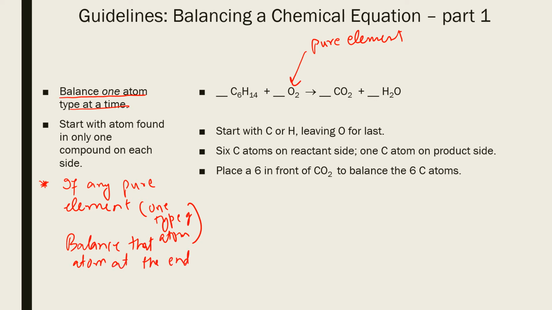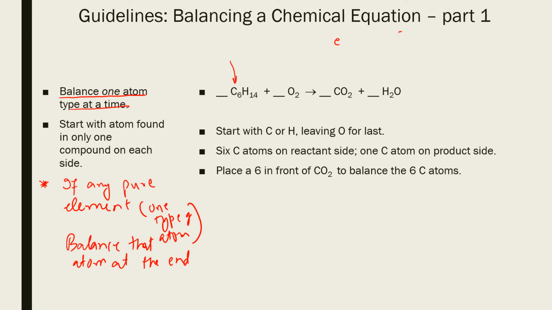That's an extremely good tip. In other words, in this equation, because oxygen is a pure element, we will balance it at the end. You don't have to follow it exactly, but if you do, it will make your life much easier. Okay, so we're gonna start with carbon and we're gonna end with oxygen. So that's our game plan.